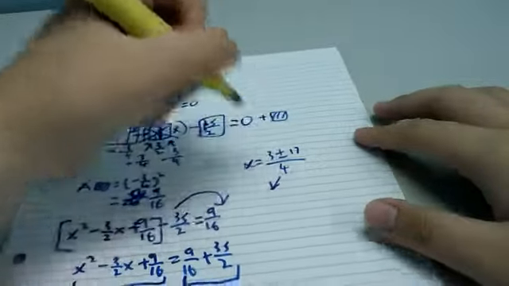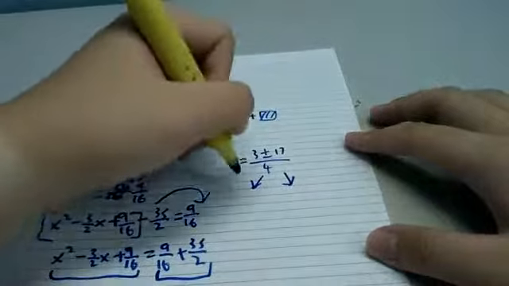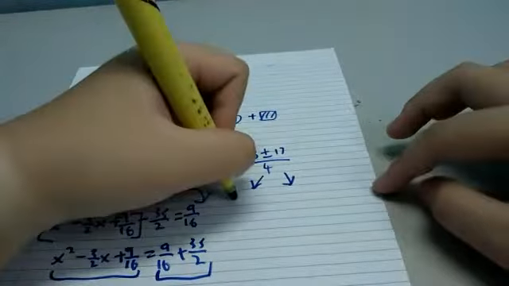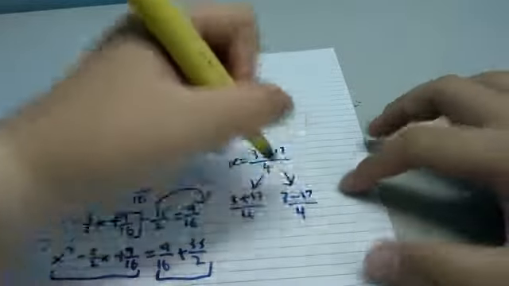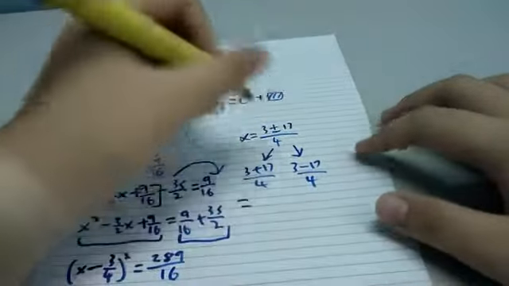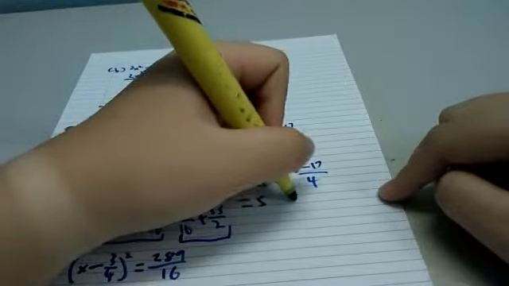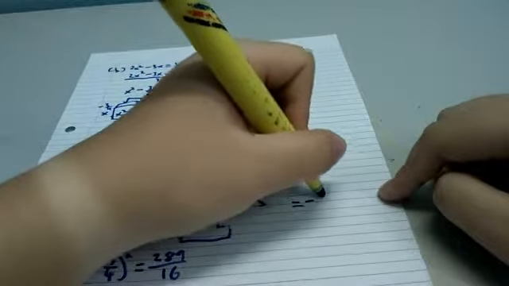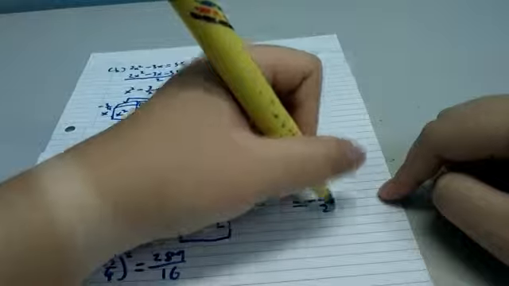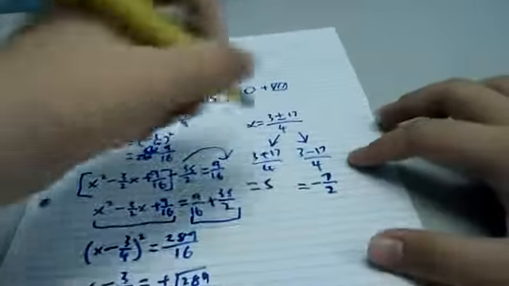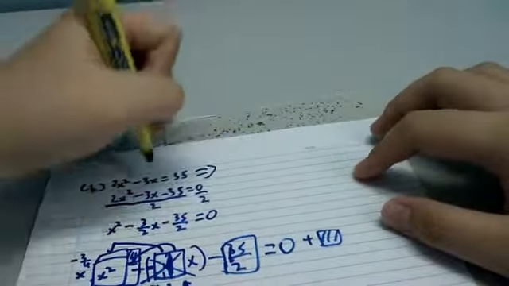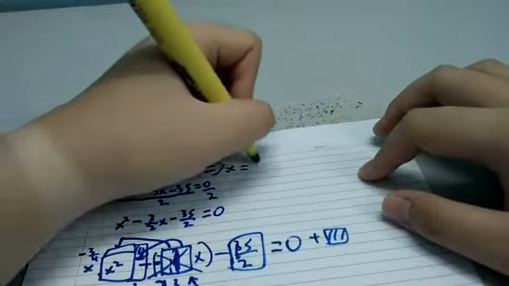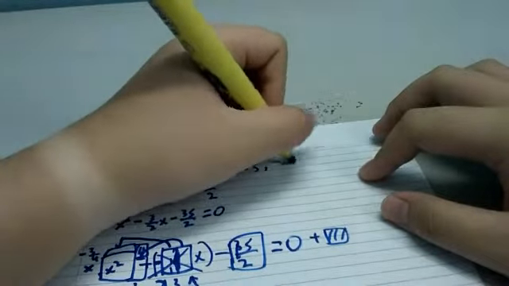Since we have plus minus, we take 1 plus and 1 minus. So this evaluates as 5. This is negative 7 over 2, and then there we have it. So the solution for this quadratic equation is x is equal to 5 and negative 7 over 2.